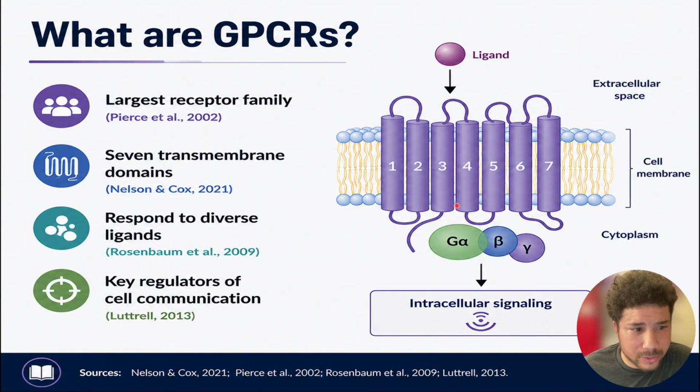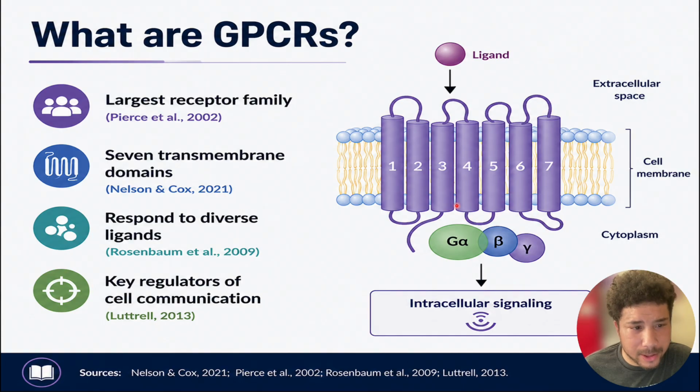GPCRs are often described as the largest receptor family in humans. Although individual GPCRs recognize different signals, they share a common structural plan. Each receptor contains 7 membrane-spanning alpha helices. That is why GPCRs are also called 7 transmembrane receptors.